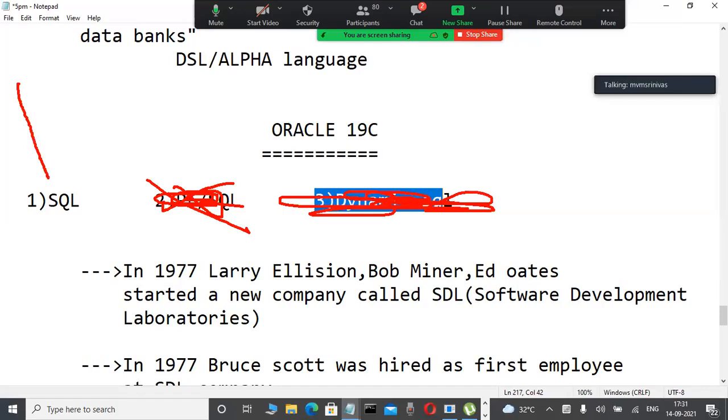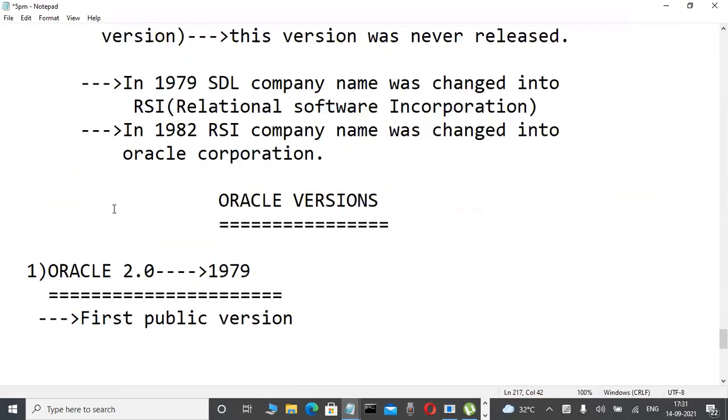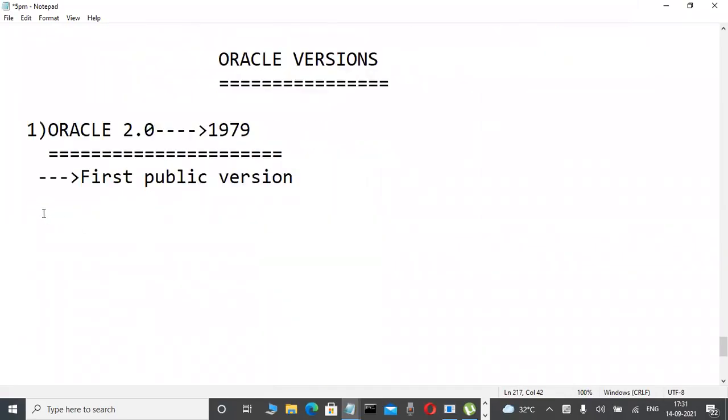Only the basic SQL language was available, because it was the initial stage. That's why it is the first public version. Only basic SQL functionality is available.